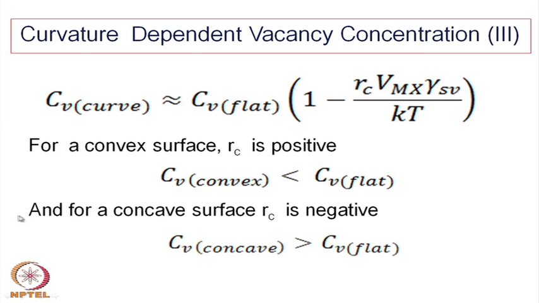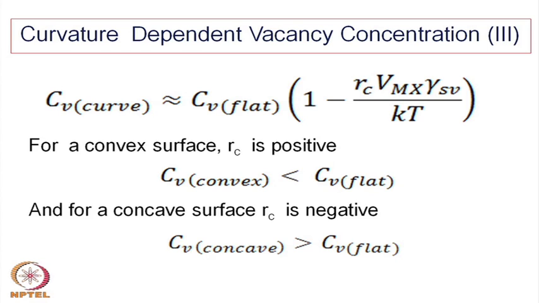Similarly, on a concave surface RC is negative, so this becomes positive. So, CV, the concentration on the concave surface, becomes more than that of the flat surface. That is another very important observation out of this mathematical analysis.